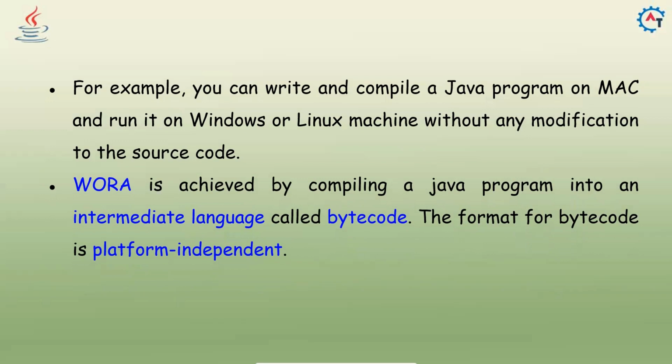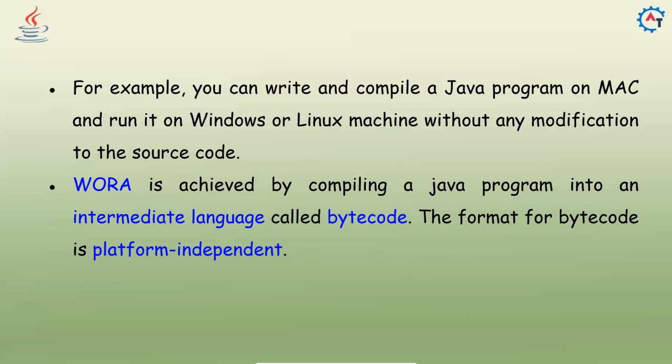WORA is achieved by compiling a Java program into an intermediate language called bytecode. The format for bytecode is platform independent. The high-level programming language we said looks similar to English.